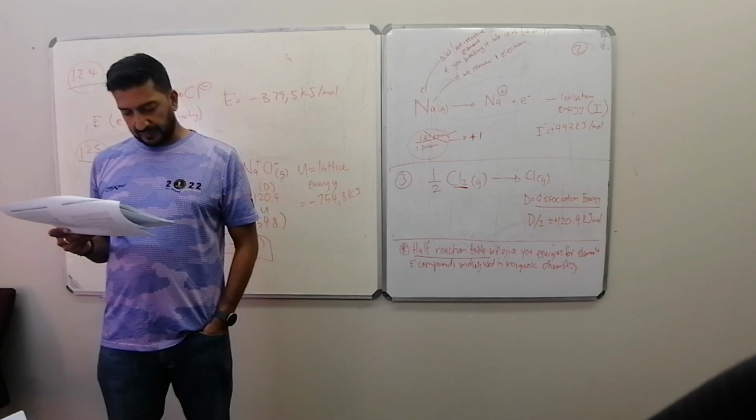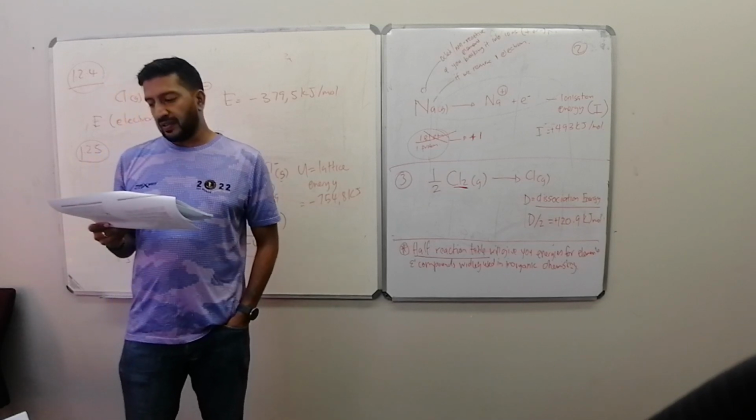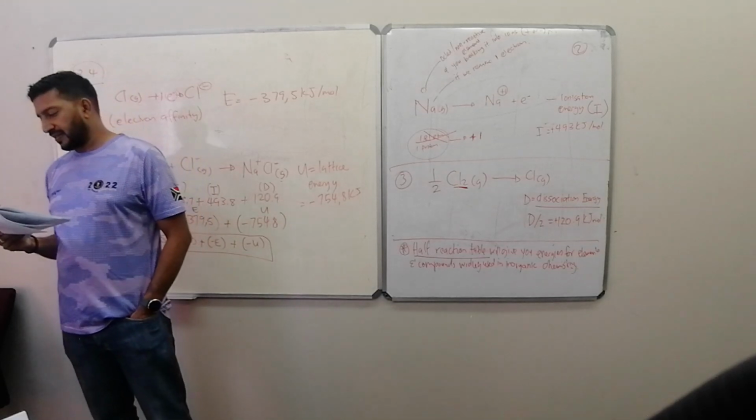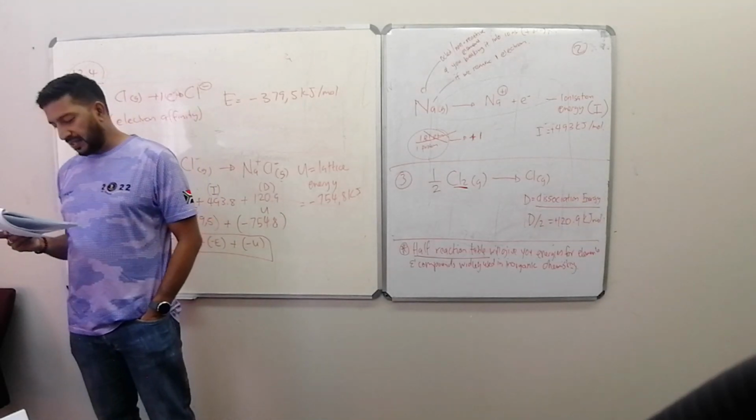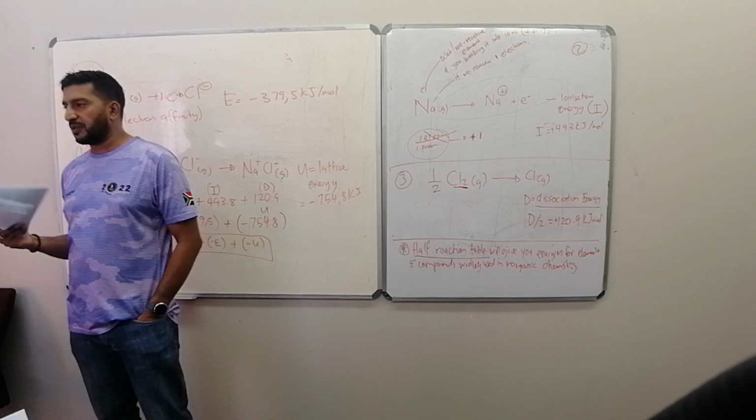What is the most important energy term which favors one calcium chloride rather than the other? And then they give us all the half reactions here, and they give us the energy. So basically, they want you to work out the exact same thing that we worked out.